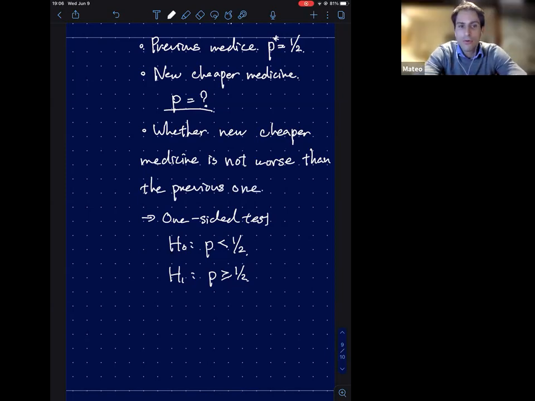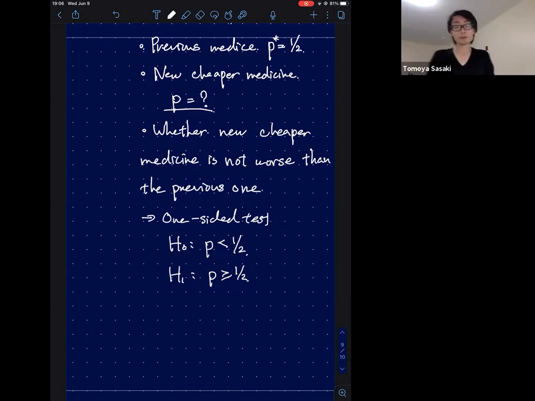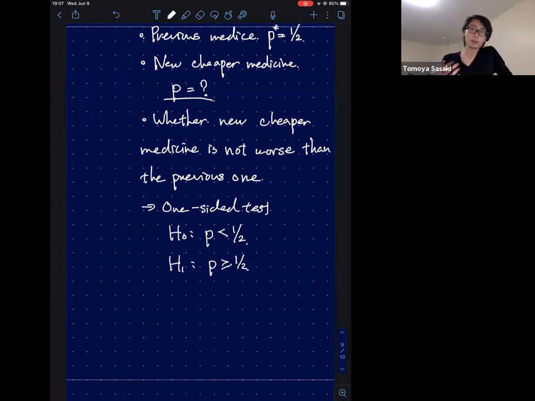And how would you write it if you want to prove it's better than the other? Yeah, so if you want to prove that it's actually better than the other, I think you need to do a two-sided test in this particular example, because with a one-sided test you cannot reject the possibility that the new medicine is equally good as the previous one.